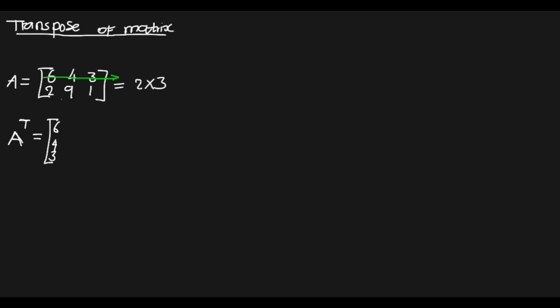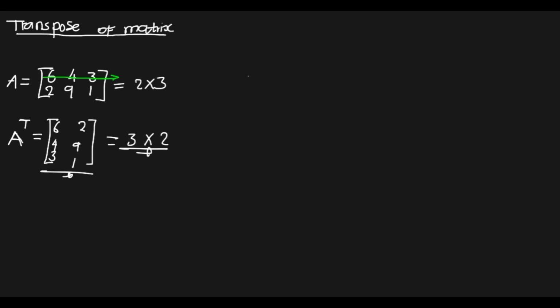Then our second row becomes our second column, so this will be 2, 9, 1. So this is now the transpose of matrix A. You can see that we now have 3 rows and 2 columns. So after finding the transpose of a matrix, the order also changes.